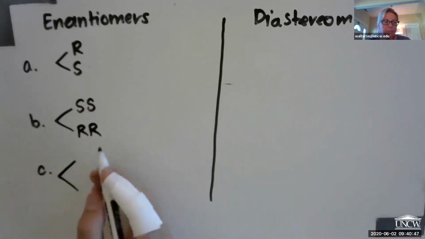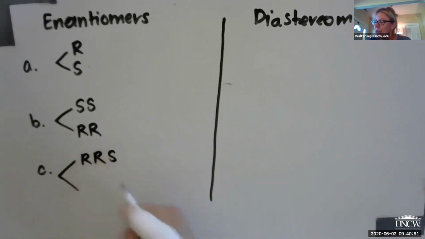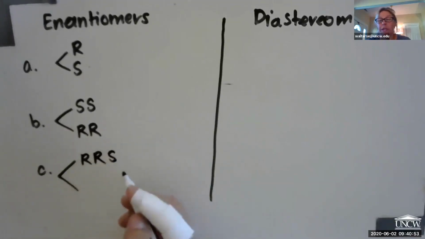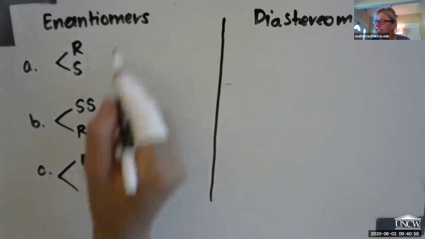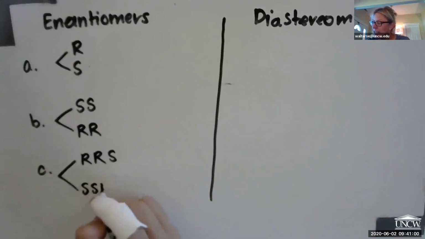The third example we'll say is R, R, S. So 3 chiral centers. To be its enantiomer, it has to be S, S, R. So you only have one perfect opposite.